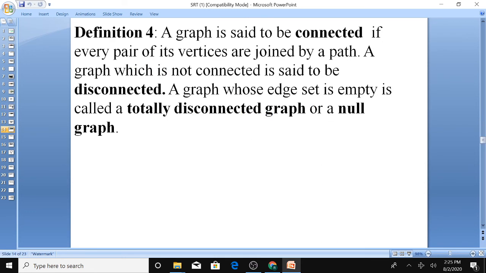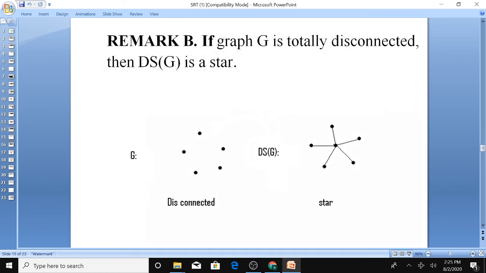So a graph is said to be connected if every pair of its vertices are joined by a path. A graph which is not connected is said to be disconnected. A graph whose edge set is empty is called a totally disconnected graph or a null graph.